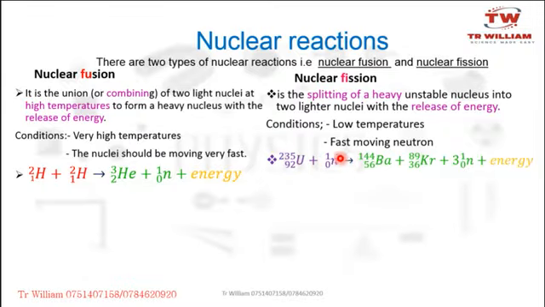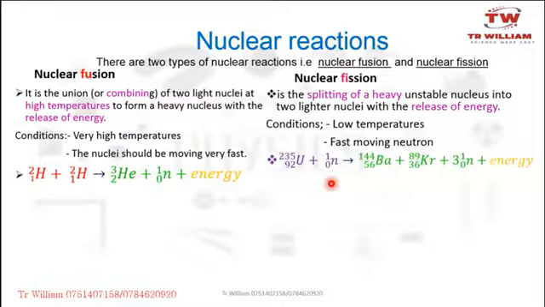So it means that 3 is the number of neutrons which will be produced. That's why you see we have here the neutrons produced, which are 3 of them. Each neutron has a mass number of 1, meaning the total mass number of the 3 neutrons will be 3, plus the 233 on this side will be 236, which balances with the mass number on the left hand side.